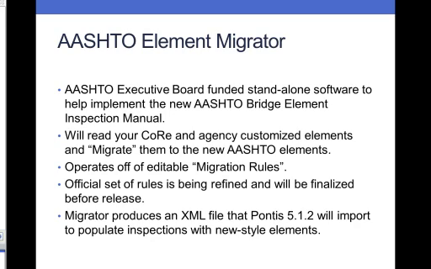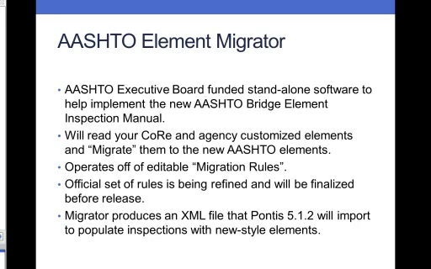A couple of things about the migrator itself. As I mentioned, the rule set was on the small side when the application first rolled out for testing. But as we went through testing, a couple of key issues came up that the testing TAG wanted the task force to look into, and we did that last month when we met.